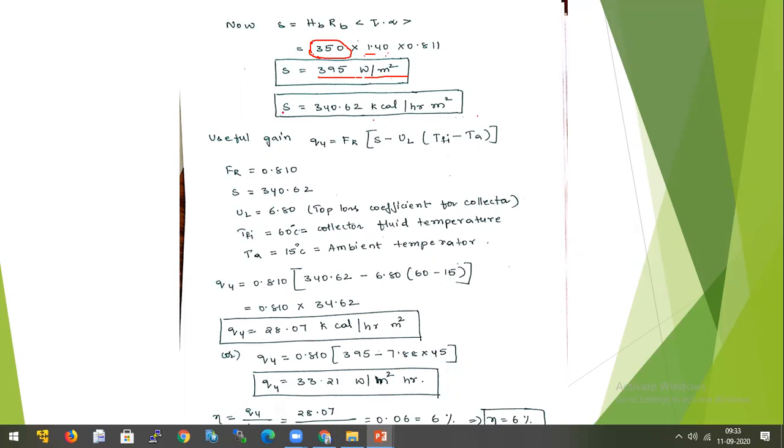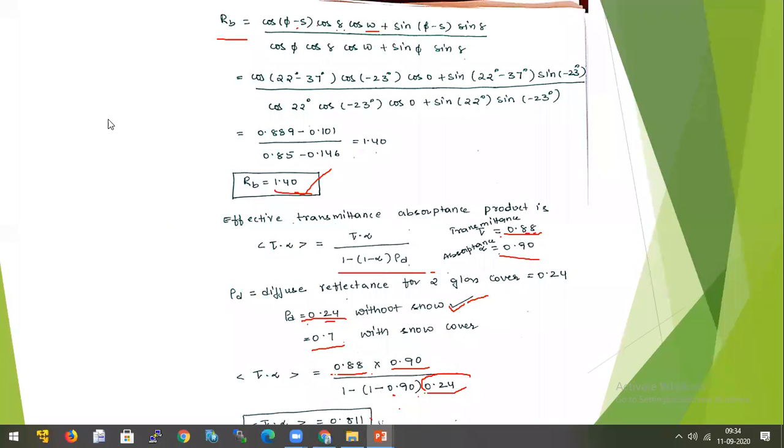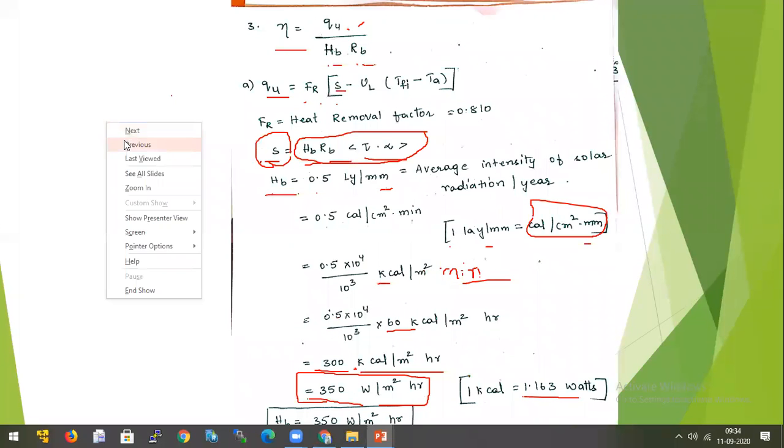Next, QU. So after we get S, we have to substitute the S value here. So FR we got, S value we got, and UL. It is called as top loss coefficient for collector. It is given as 6.80. We will see the data now where it is given.